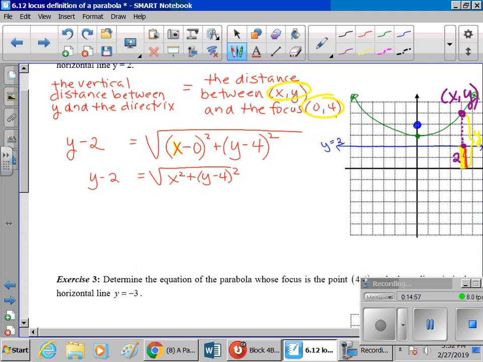Now, how do I undo a square root? Square both sides. So I get y minus 2 times y minus 2 is equal to x squared plus y minus 4 times y minus 4.